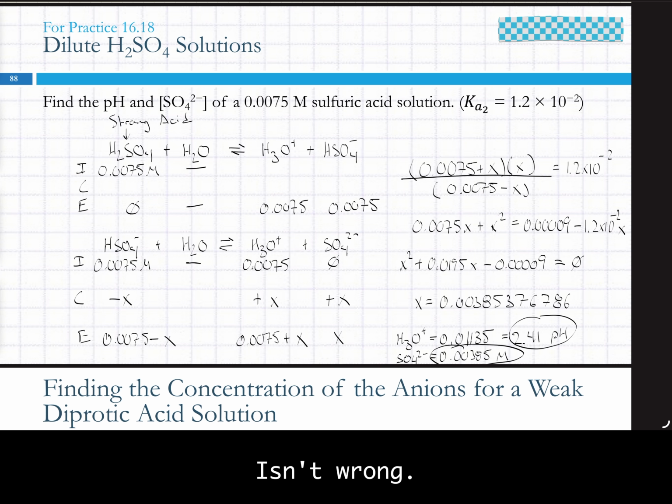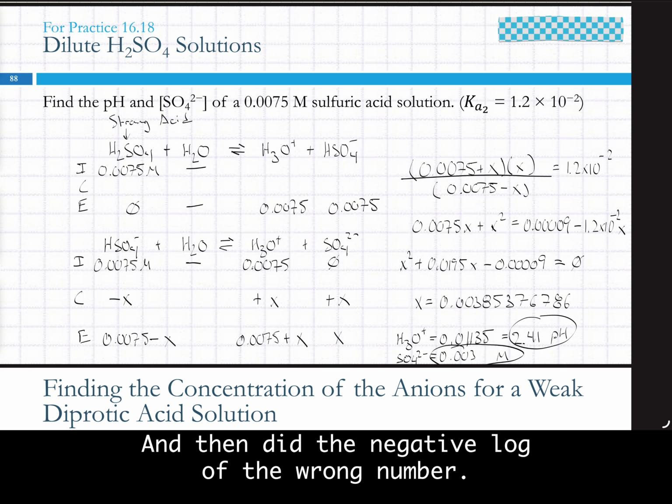Ouch. Did I do something wrong? I added 0.0075 to, well, I added x to 0.0075. I got 0.0113537. And then did the negative log of the wrong number.